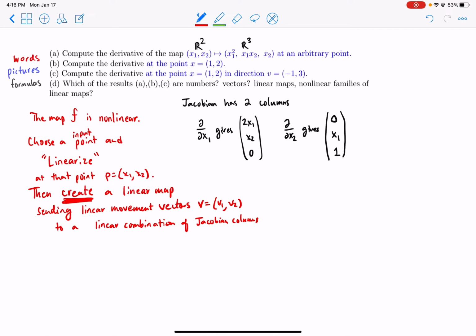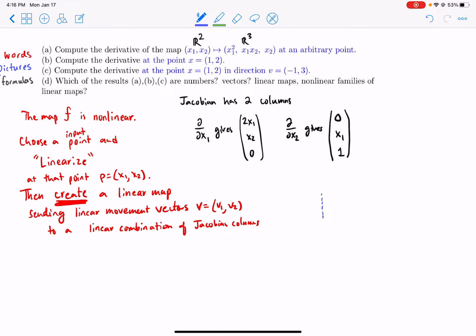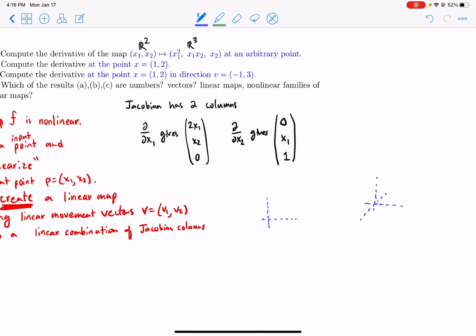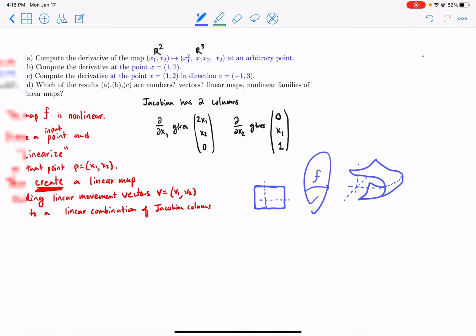So I guess maybe a quick picture. Let's say this is our input space, which is R2 in this case. And then our output space is R3 in this example, so I'll draw R3 over here. And let's just say that a rectangle here gets mapped by F and becomes some sort of a surface. And it's probably going to curve around in some weird way because the map F is nonlinear.